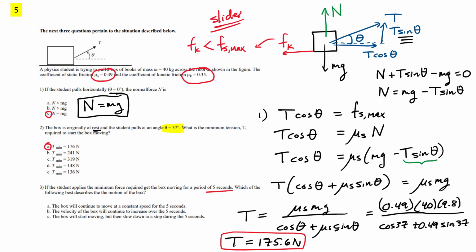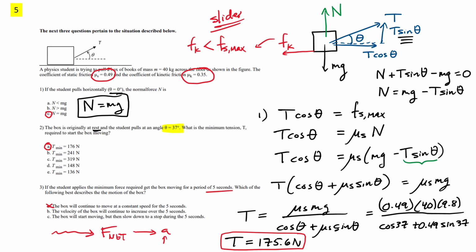Which means that you're going to have a net force pointing to the right, because we still have our tension, and now we have this smaller force of friction acting to the left. So what does it mean? It means that the box is going to have a net force in this direction, which means it's going to accelerate in that direction. So it's not going to move at constant speed because it has to have an acceleration.